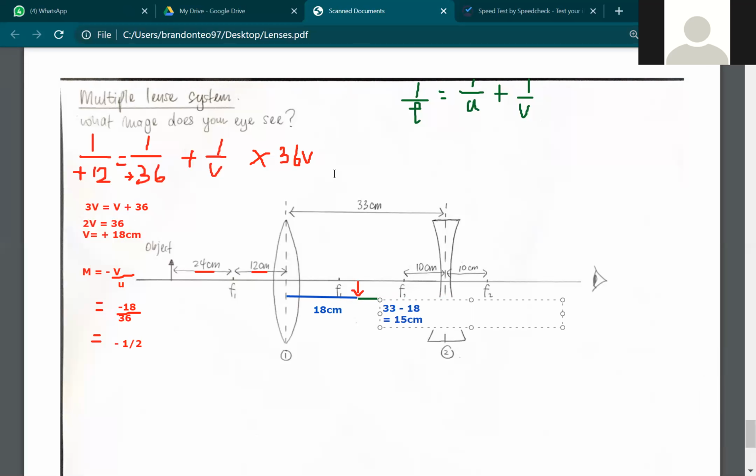So 15 cm should be the new object distance. Here is when you have to be careful, because here is when the common mistakes happen. So the new object distance is now 15.